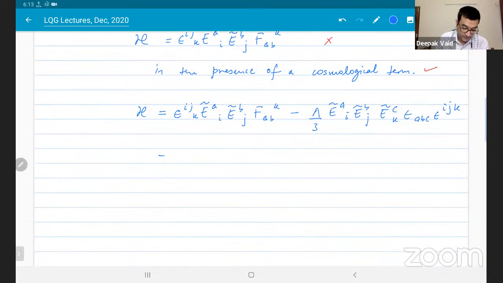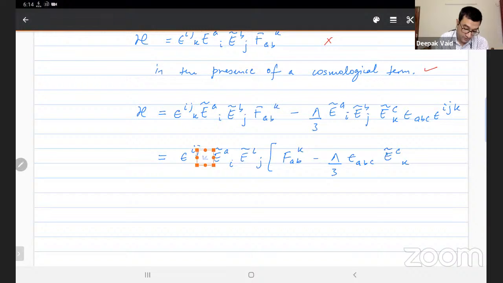The way it works is, if you look at this expression, you have epsilon^ijk, and I can take 2 copies of my triad and 1 copy of my epsilon factor common, and I get F^K_AB minus lambda by 3 epsilon_ABC E^A_C E^C_K.